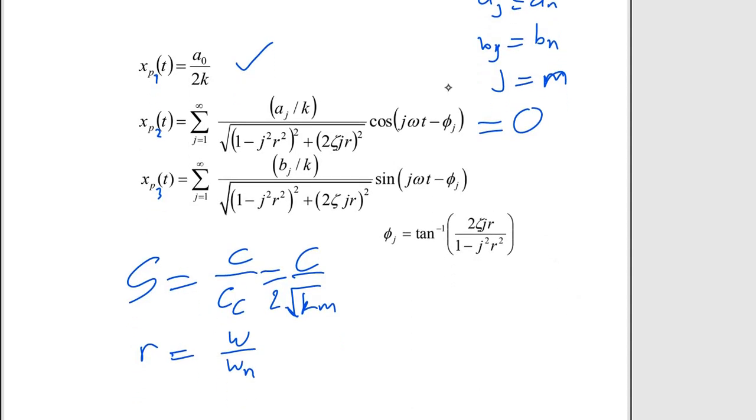What's also important to note is the excitation frequency, which is 2 pi divided by the period. So this will be our omega that we're going to use.